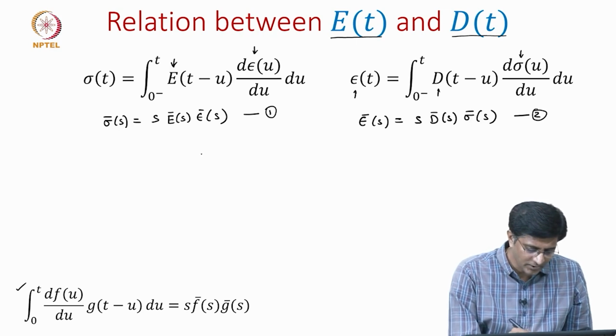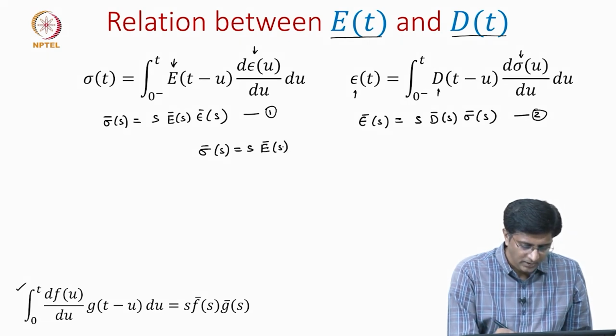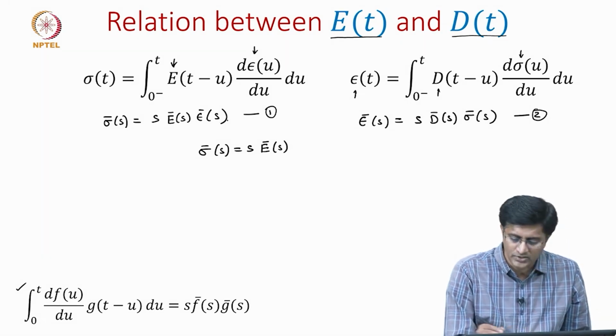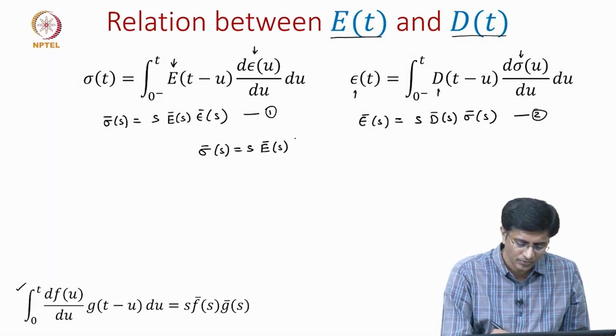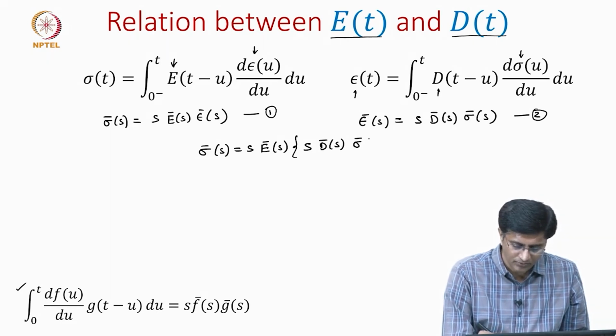Now, if I am rewriting equation 1, it will be s times E of s, and instead of writing epsilon of s, I will introduce equation 2, which will give me s times D of s sigma of s.